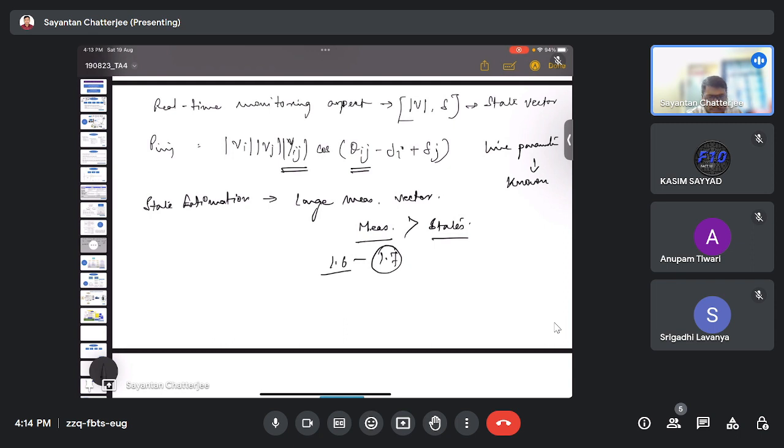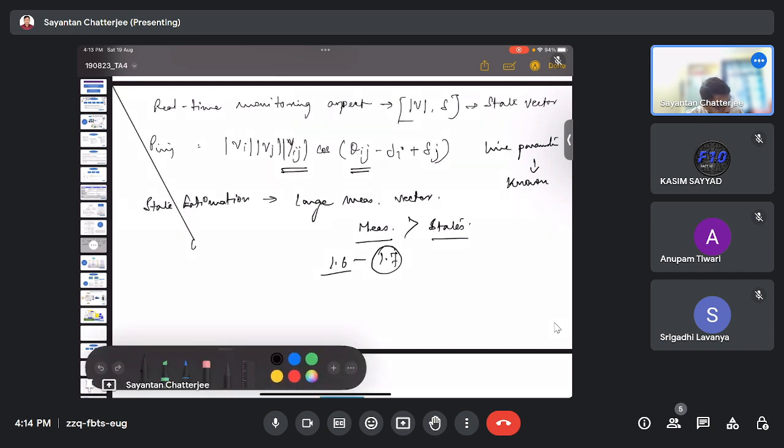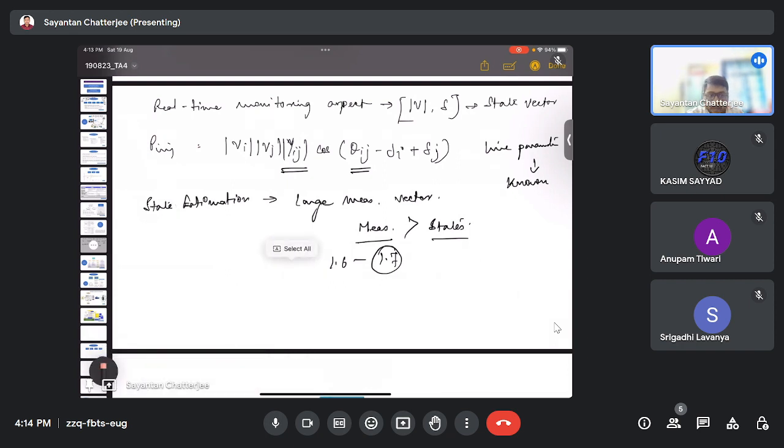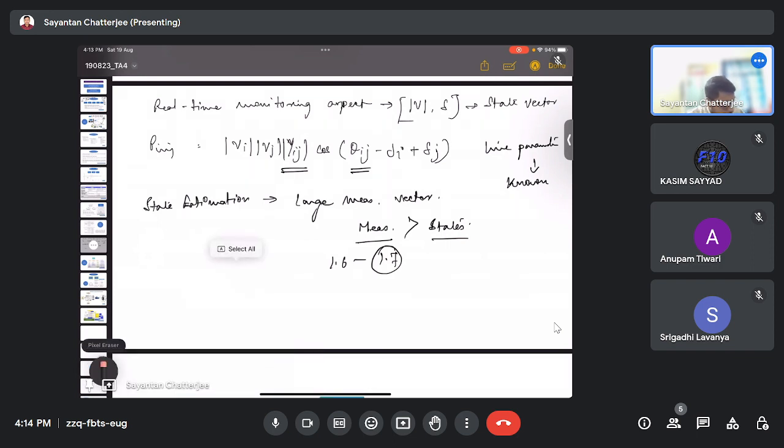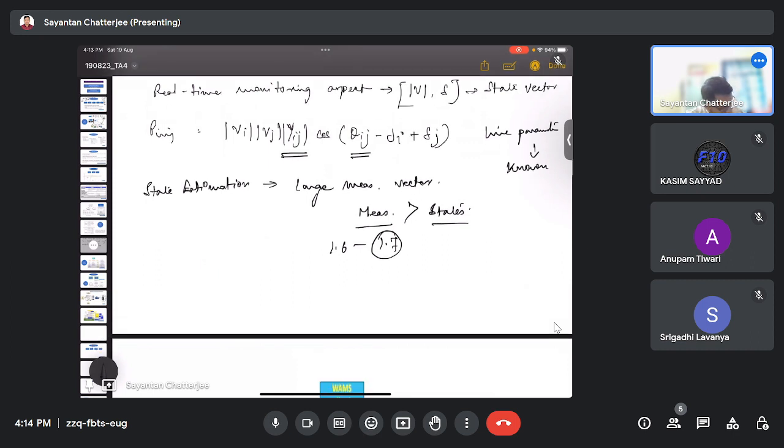So for that, all the measurement vectors are required to be constructed. The measurement vectors, suppose the power injections, or the bus power injections, form the nonlinear measurement vector.